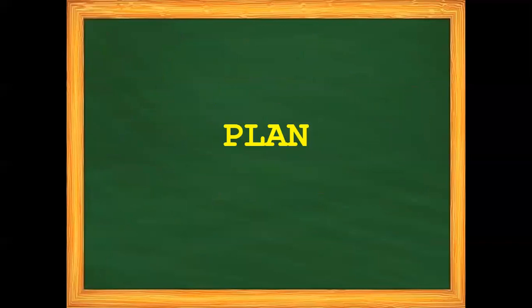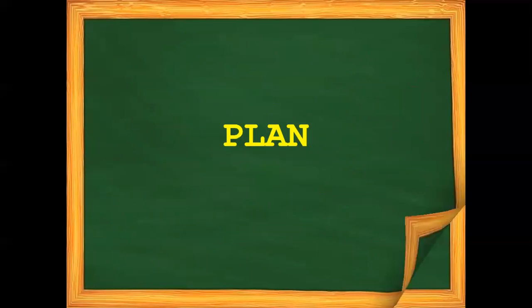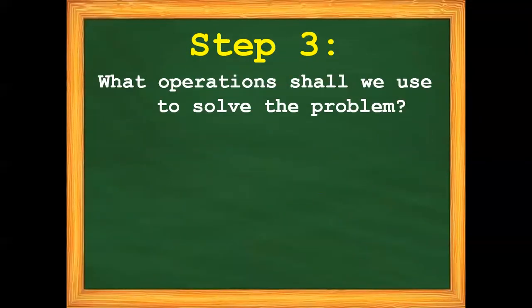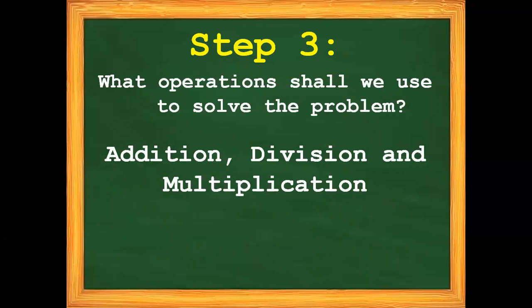planning. We have to plan how we are going to solve the problem. So step number 3, what operations shall we use to solve the problem? Correct. We need to use addition, division, and multiplication. And what is the number sentence for this problem?